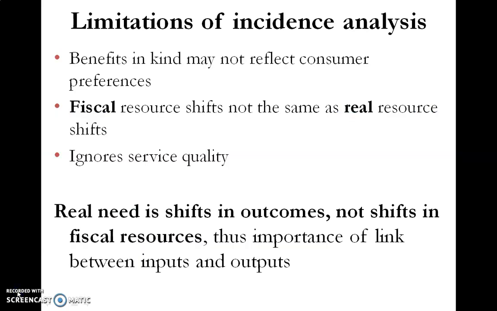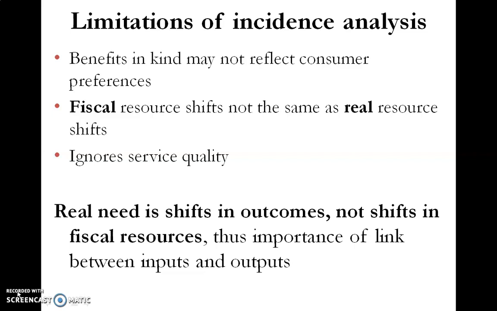Now, while incidence analyses are helpful, they also come with limitations. Often the benefits in kind may not reflect the consumer preference, so they might be getting something from the state that they don't really want. In addition, fiscal resource shifts are not the same as real resource shifts.